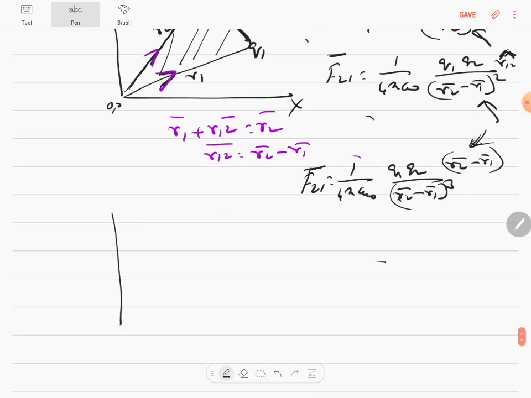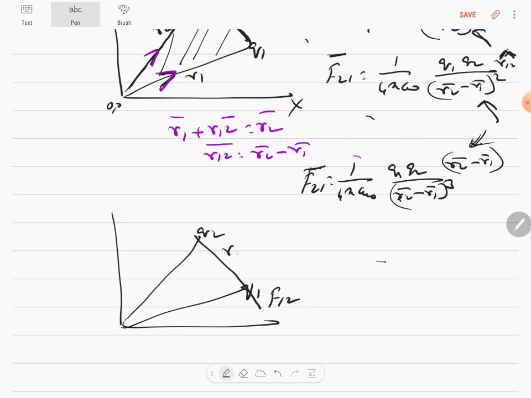Supposing you have the same Q1 and Q2 here, and Q2 is going to exert a force on Q1, it will be F12, and its position vector will be r21 vector.